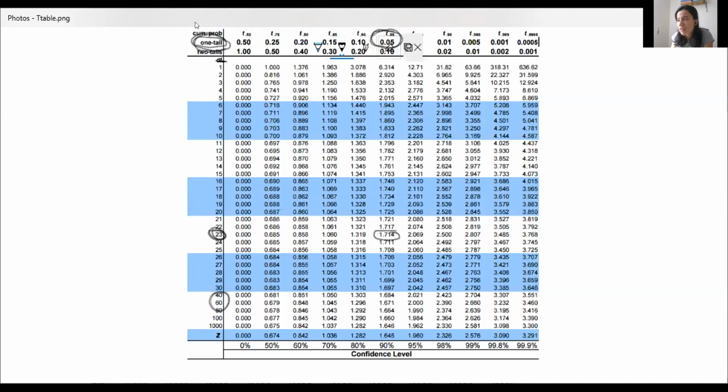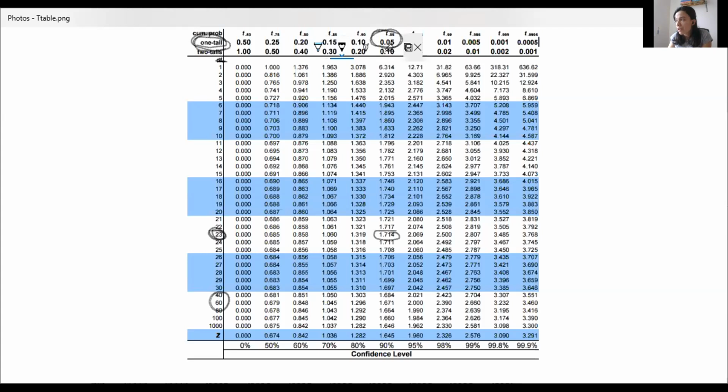Our level of significance is 5%, so 0.05. So I know I need to look in this column over here. And because my sample size is 24, then 24 minus 1 is 23. So I need to look at this row precisely, which gives me the number 1.714.